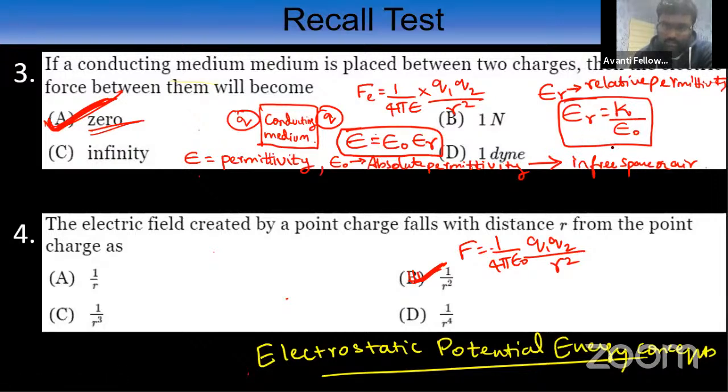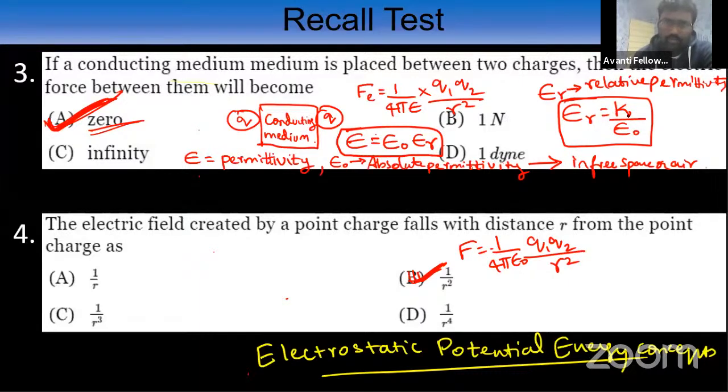Remember, guys, when we started with the permittivity concept, we had discussed this. Relative permittivity is nothing but the ratio of the permittivity of the material to the permittivity of free space. Okay, this was relative permittivity.